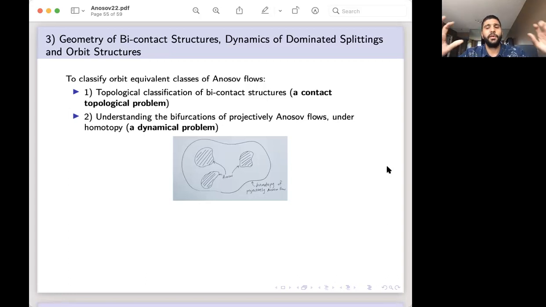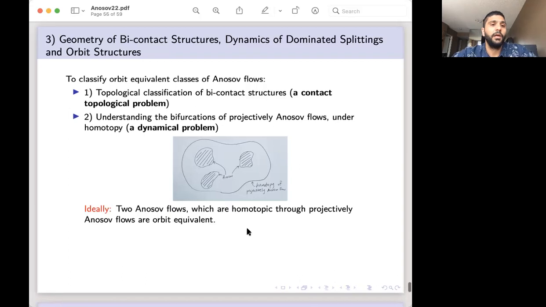If I understand the first problem, that's understanding these homotopy classes of projectively Anosov flows. Then I can ask how many islands of Anosov flows can I have in one homotopy class of projectively Anosov flow? Maybe I have a unique island of Anosov flows. Maybe I have a couple of islands, but all of them are orbit equivalent.